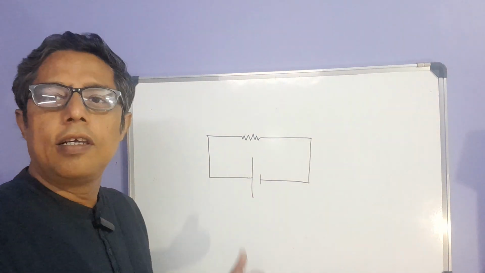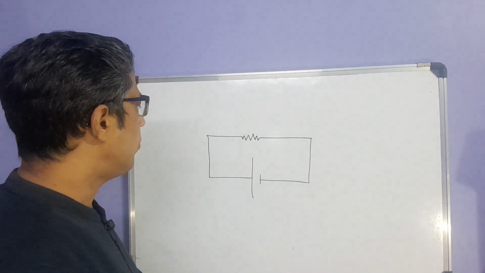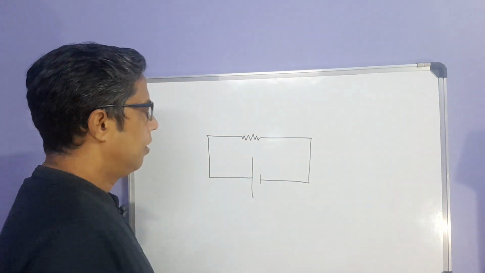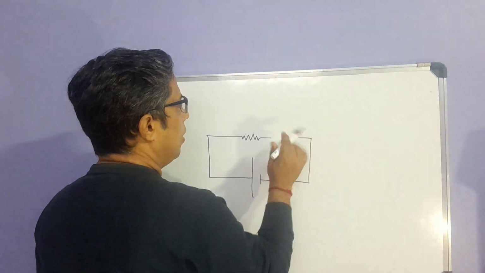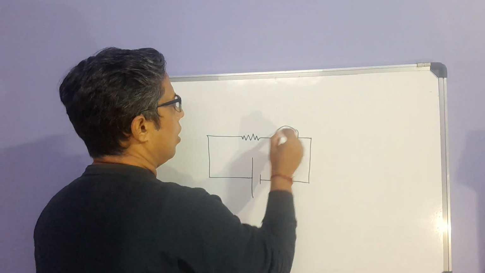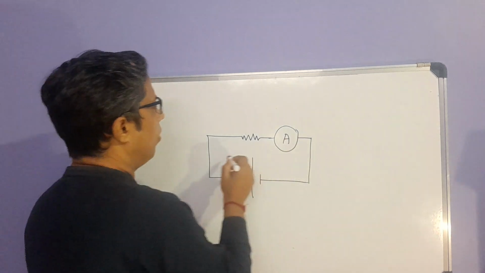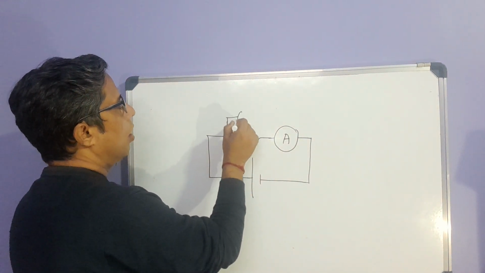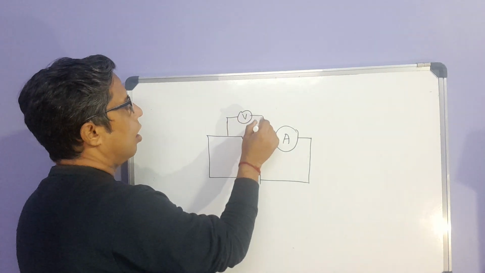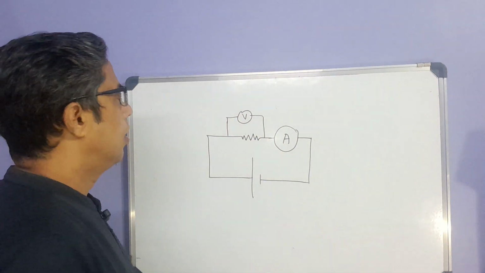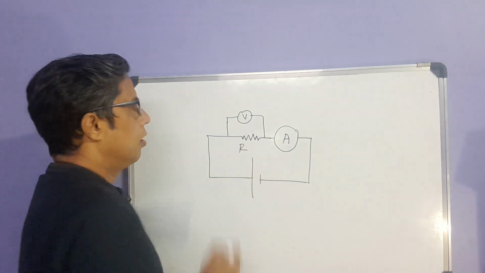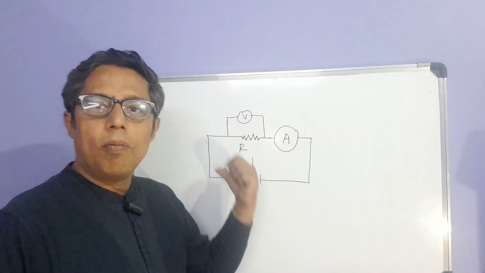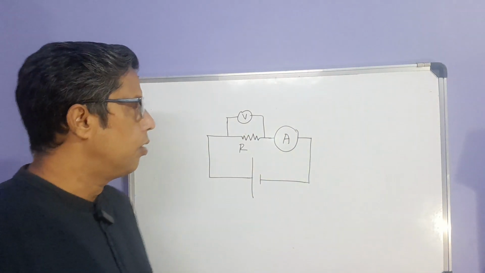Okay, so this is the circuit. Now I'll be adding two devices. Those are the ammeter and the voltmeter. So in a complete circuit, what are the components we have?